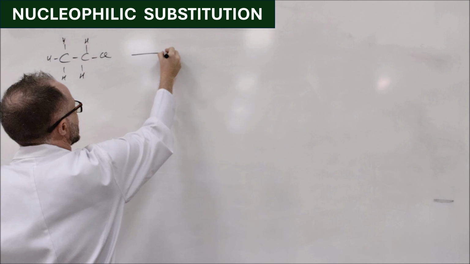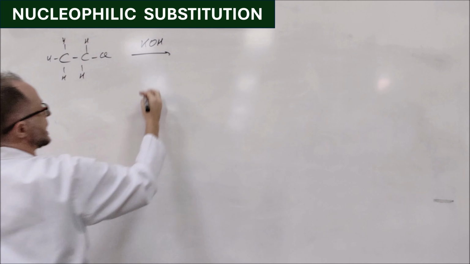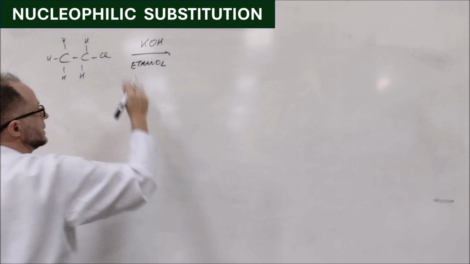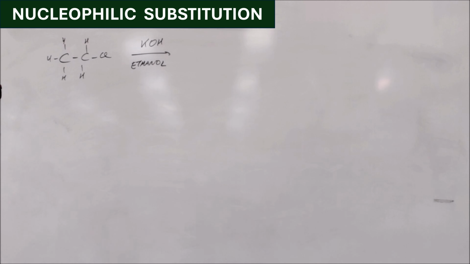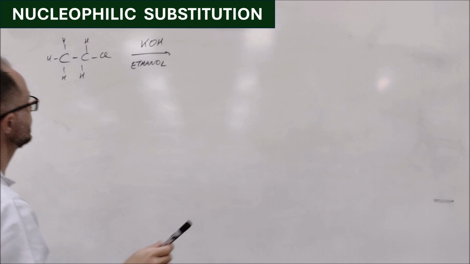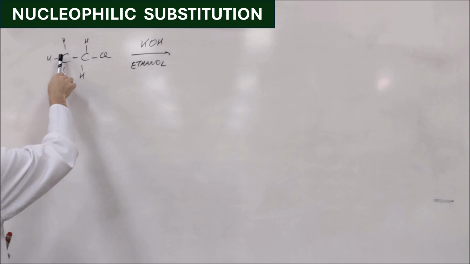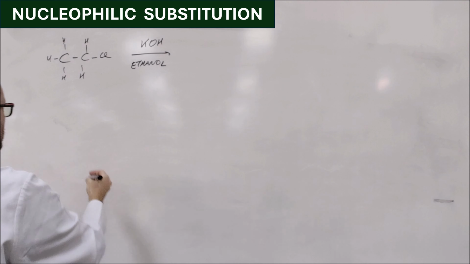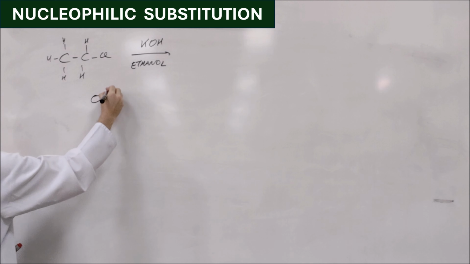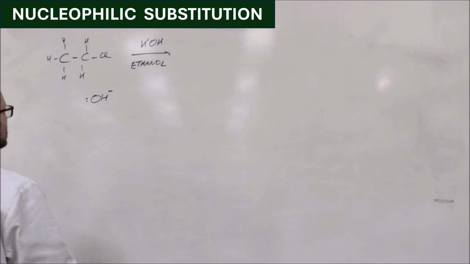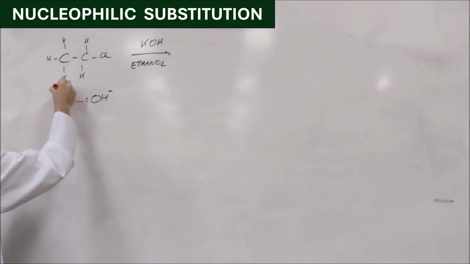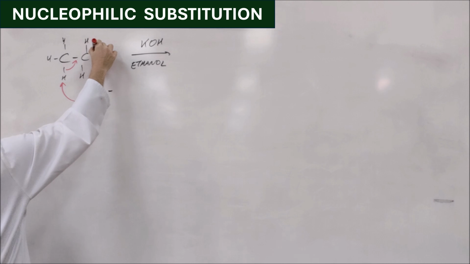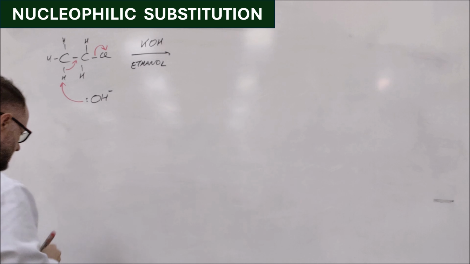Chloroethane, and if the reaction with the hydroxide ion takes place in ethanol, the hydroxide ion in this case behaves like a base, and what it will do is attack a hydrogen on the carbon adjacent to the carbon the halogen is on. So in this case we would have this one here attacking that hydrogen there, that forms water. Those 2 electrons go here and the chloride leaves the molecule.